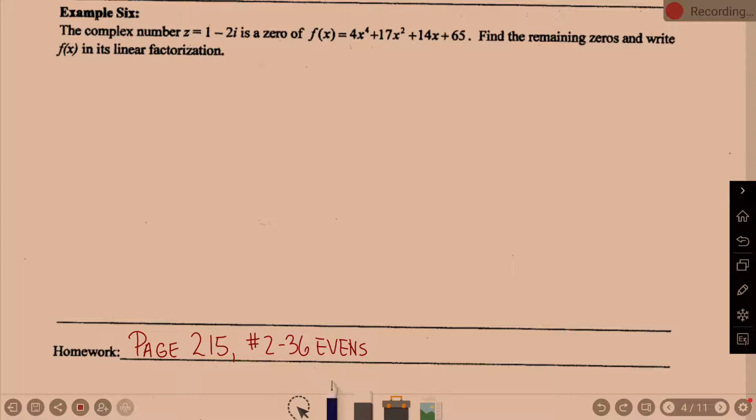So our answer is going to look a lot like the previous problem did, where we're going to use some synthetic, we might have to solve an equation, whatever it takes here, but we're going to find all of our zeros. And so right here, let's see, we have 1 0. What can you tell me about the number of zeros we're going to have here total?